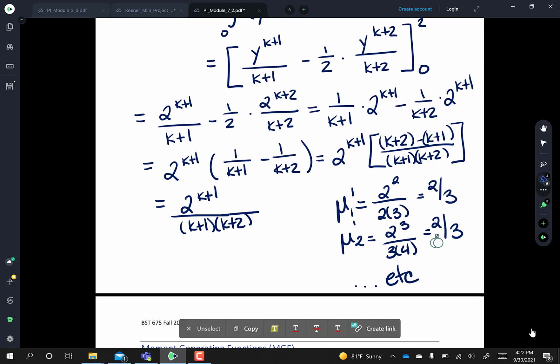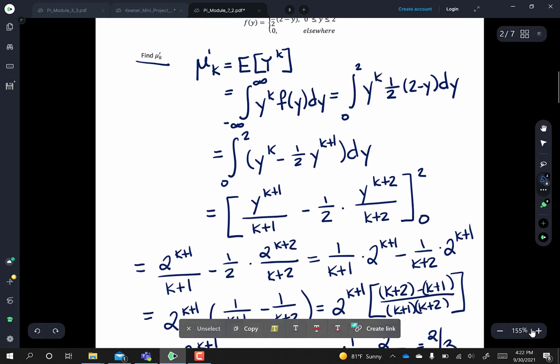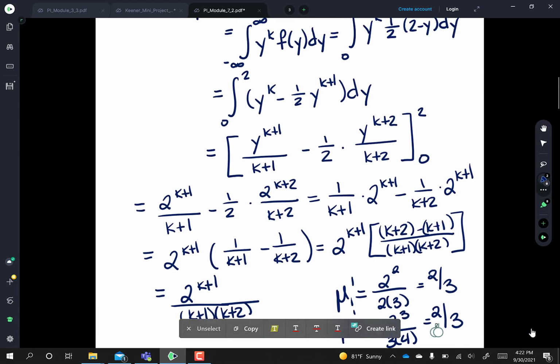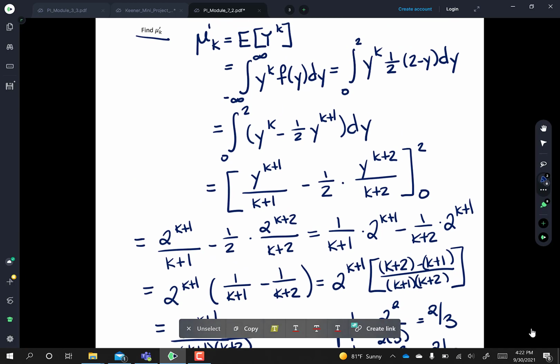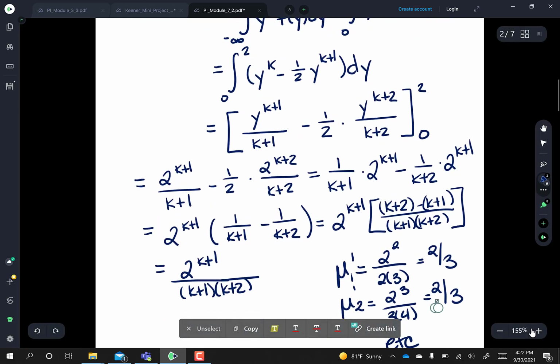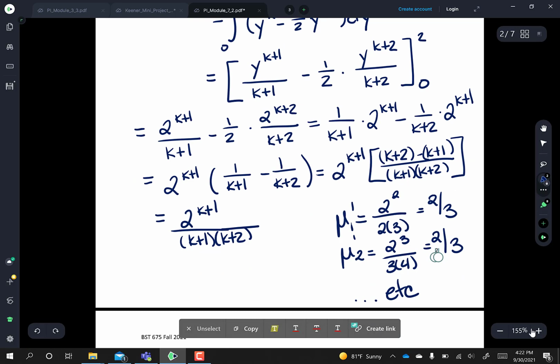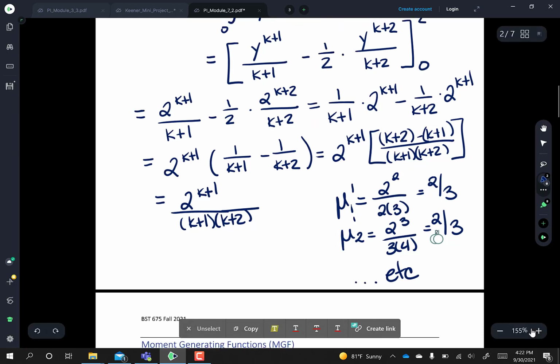And really, the work involved here wasn't much more than just taking the expected value of y. So if we need several of those higher order moments, it's really useful to go through, find these moments generically in terms of k, and then we can find whatever moments it is that we want.